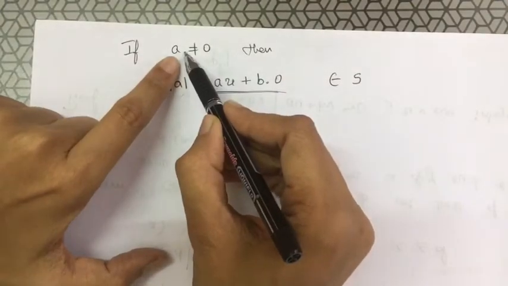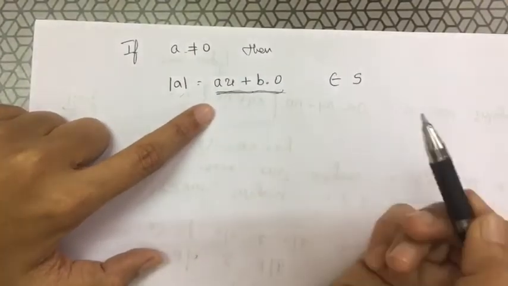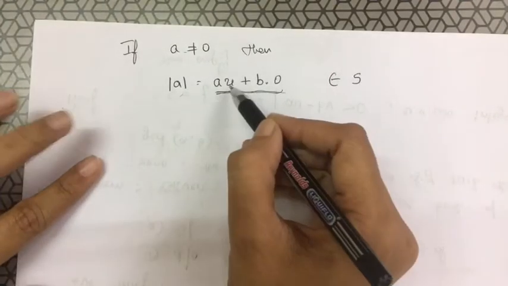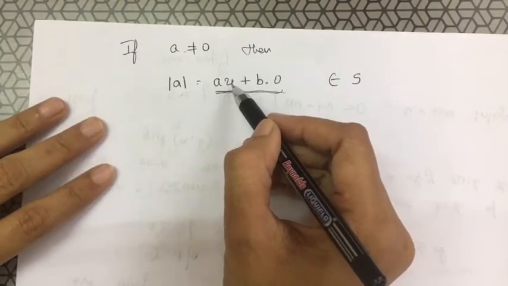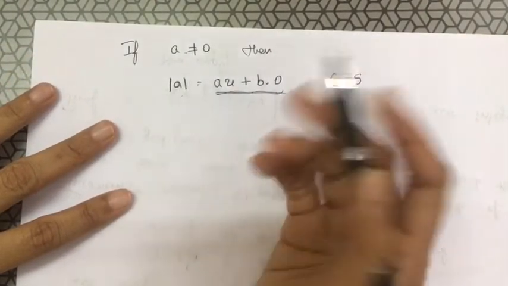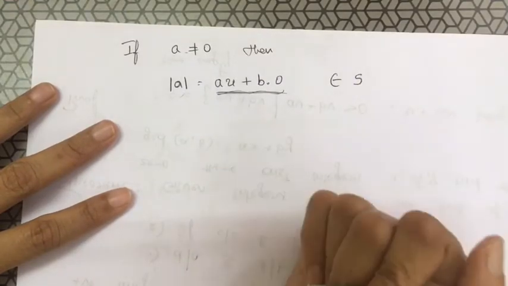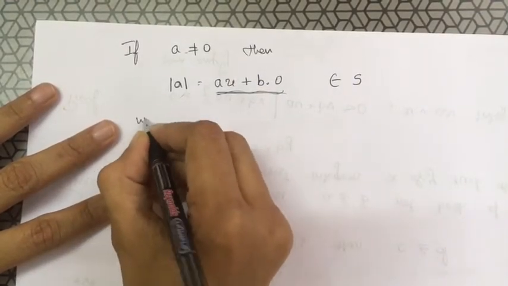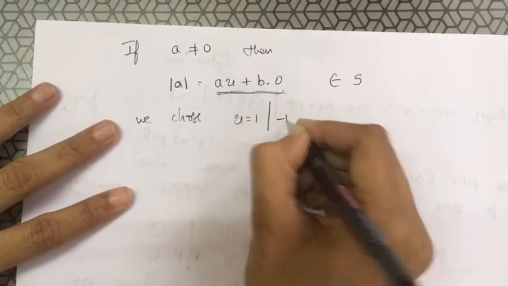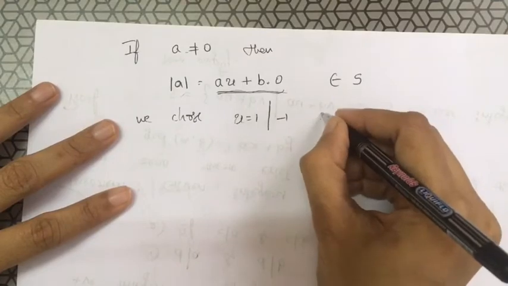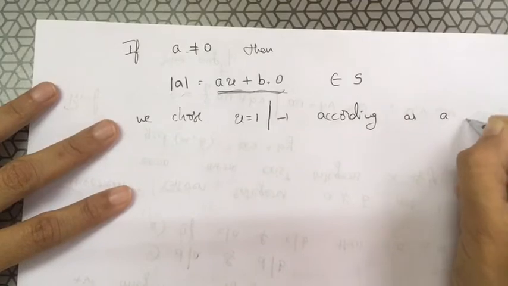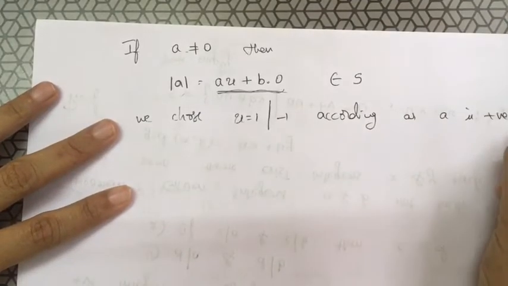If this is not equal to 0, then it can be written as a linear combination. Therefore this element belongs to S. Now I can choose u to be 1 or minus 1 according to whether a is positive or negative.